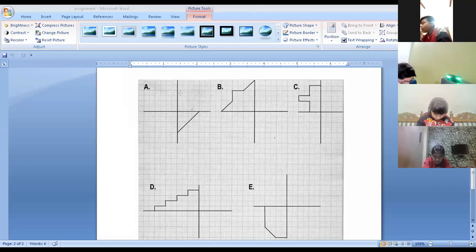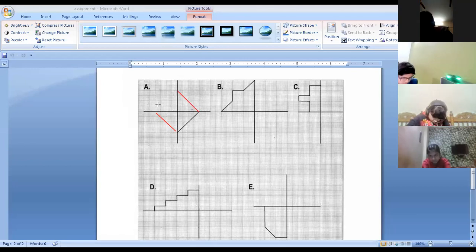On a graph sheet, just draw the symmetrical shapes like this. Draw it in this way. Join all the 4 sides.